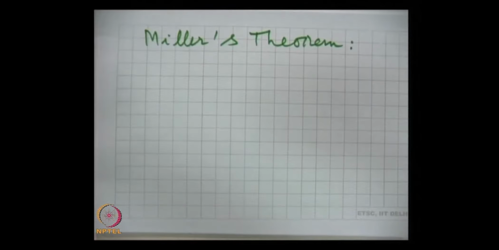In electronics we are using a few theorems, Kirchhoff's voltage law and Norton's theorem, with which we are now very familiar. This is Miller's theorem, which transforms the circuit to our advantage, and we can get the values which we can use for analysis.